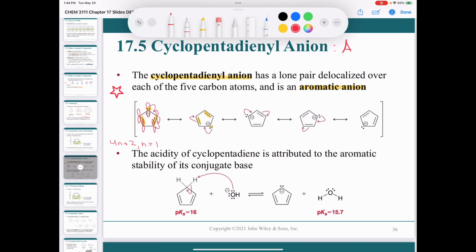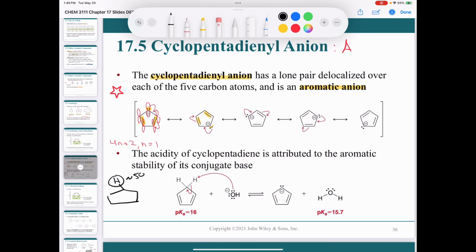Now, what's interesting about this is the acidity of a hydrogen on an sp3 hybridized carbon-hydrogen bond. Let's say you had something like cyclopentane. If you were to look at the pKa of this proton, it's going to be around 50, a very high pKa, not acidic at all.